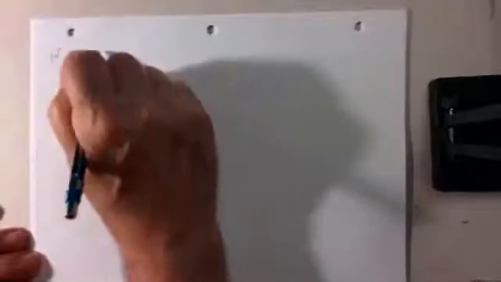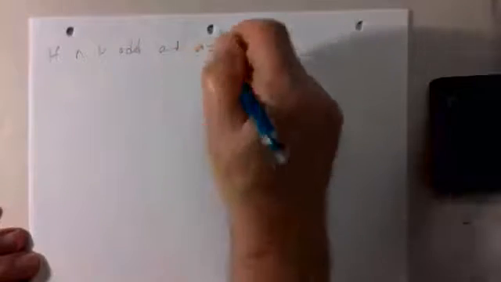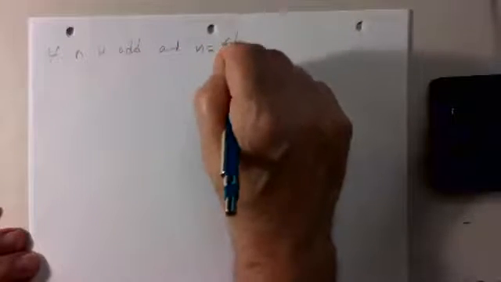So the way to think of this is that if n is odd, and n is a number of the form 4k + 3, when you write n as a product of primes, they're all going to be odd.